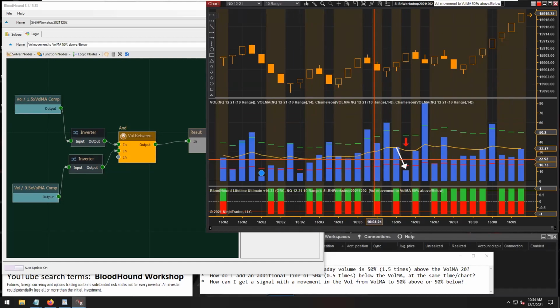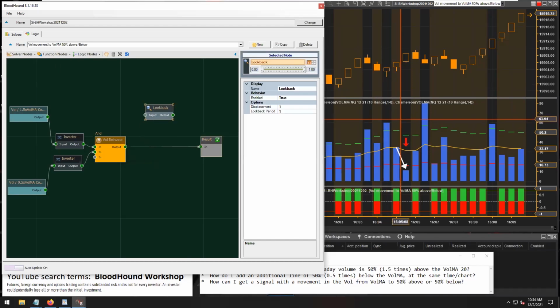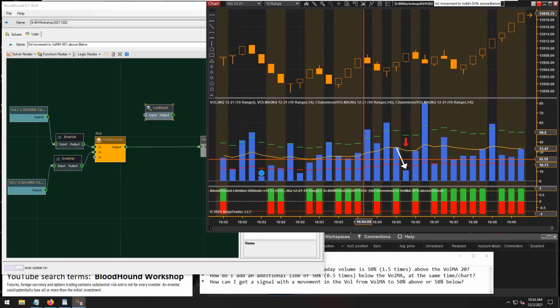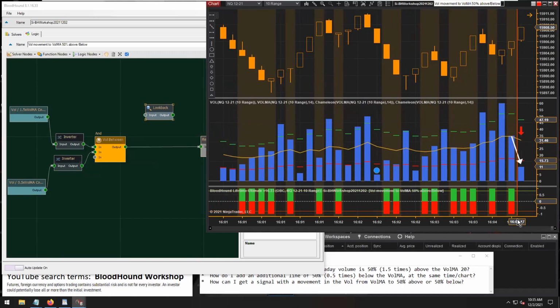And so now we can move on to identify when the volume is moving from in between to either above or below the 150 or the 50% lines there. So we will need to extend the output. Let me focus on this bar.